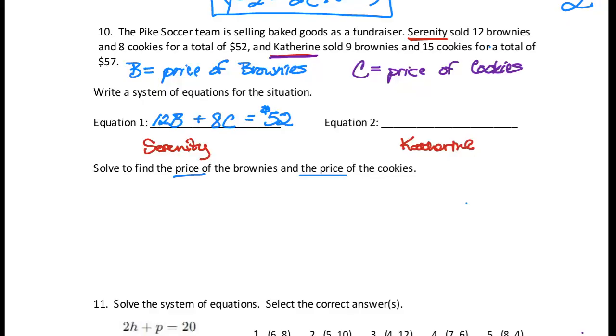Catherine sold 9 brownies and 15 cookies for a total of $57. How do I show the cost of 9 brownies? Does everybody want to help? Anno, what would we do?